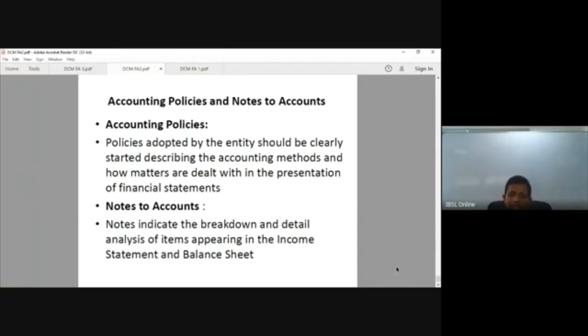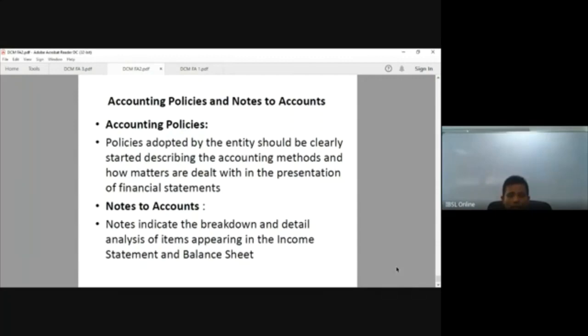Don't just take these financial statements and forget about the accounting policy. You have to read those accounting policies, then you can understand how this particular client has accounted the items in the trial balance into the financial statements.